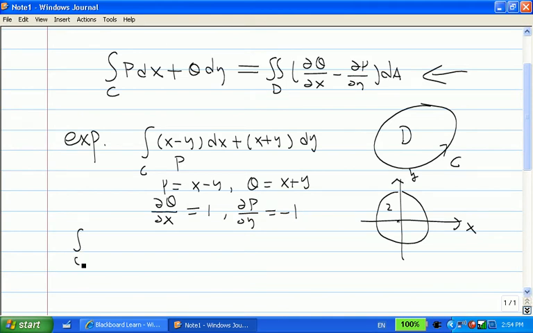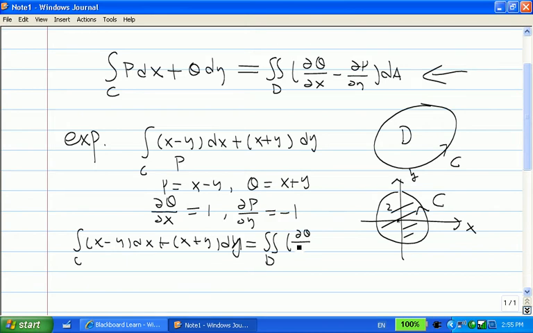So by using Green's theorem, this line integral will equal the double integral over D. Okay, D here is the region enclosed by the circle C, and C is this circle in the counterclockwise direction.